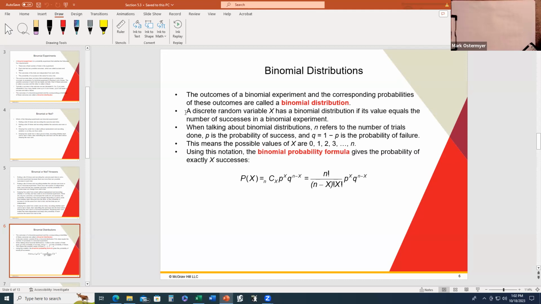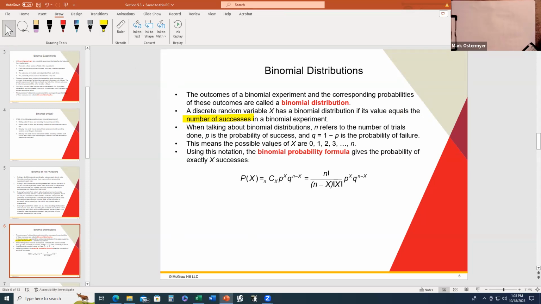Let's read that again, that's important. A discrete random variable x has a binomial distribution if its value equals the number of successes in a binomial experiment. So it's always equal to the number of successes in a binomial experiment. All right.